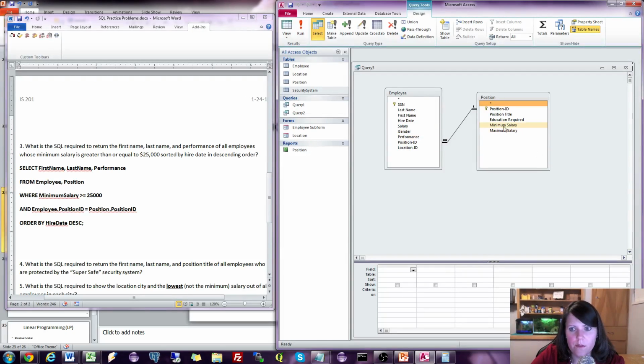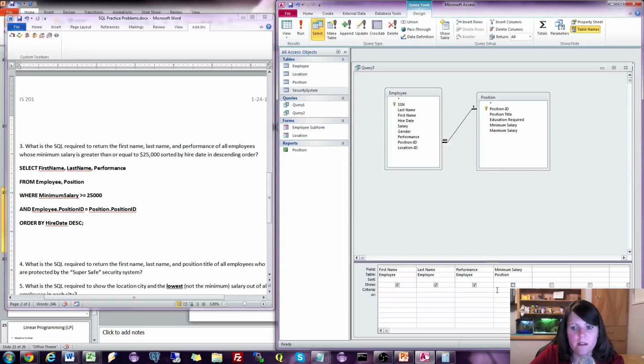If we were trying to get to another table that was connected to employee but not to position, you'd have to include employee in order to bounce over both links. I needed first name, last name, and performance, so all the things we're displaying come from the employee table.